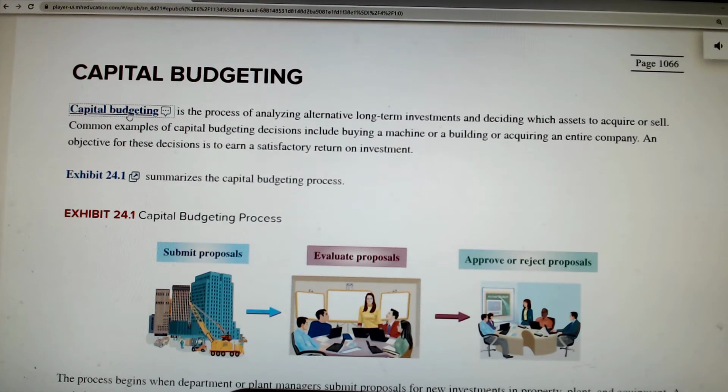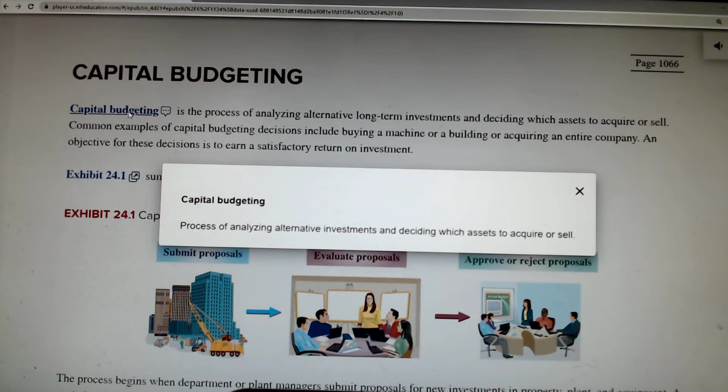So I'm going to shoot forward here a little bit, and capital budgeting. What exactly is capital budgeting? Well, it is the process of analyzing alternative investments and deciding which one to invest our funds in. Which one should we do?